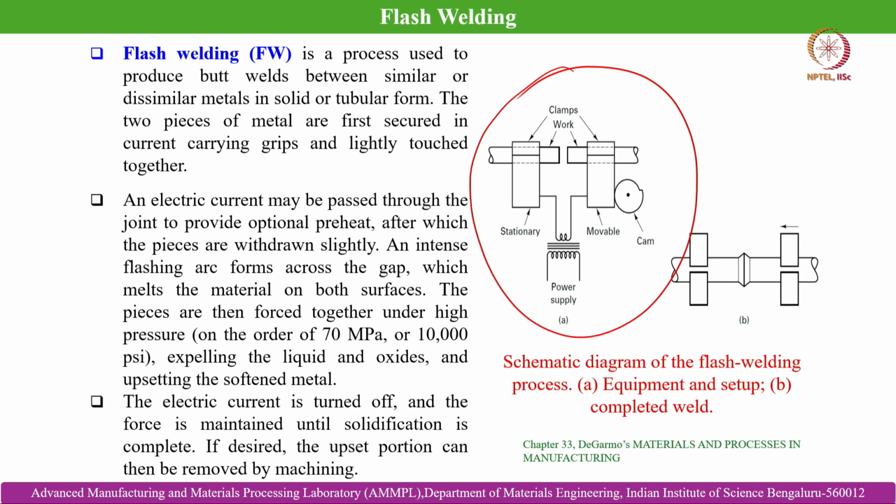An electric current may be passed through the joint to provide optional preheat, after which the pieces are withdrawn slightly. Please recall that we have discussed a similar principle in arc welding also, where the electrode is initially touched with the workpiece and then withdrawn, and then it starts the boiling of the bridges and electrons start to flow.